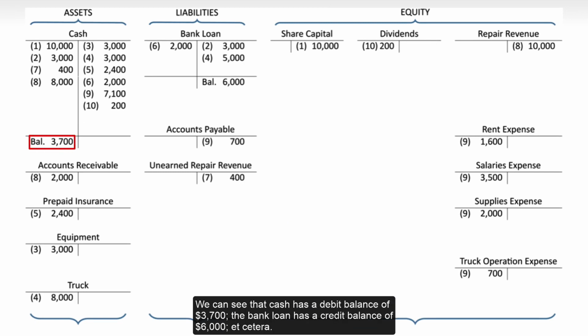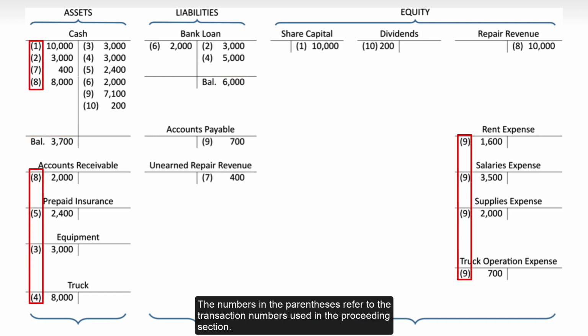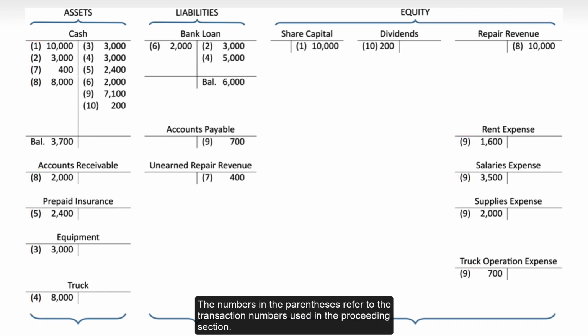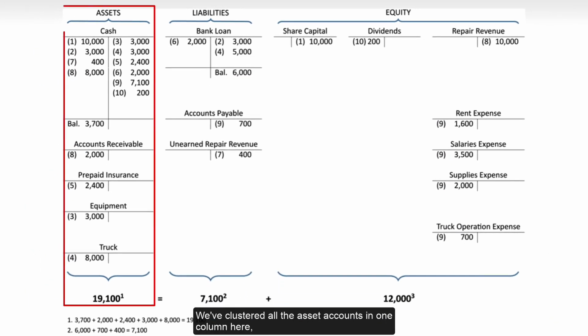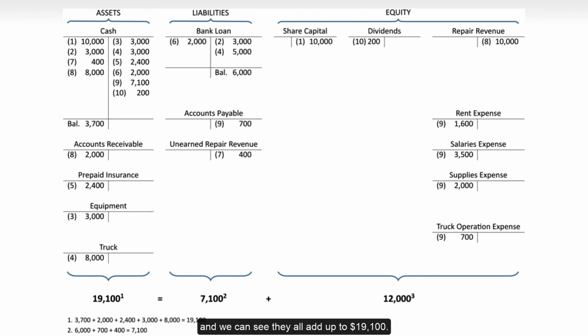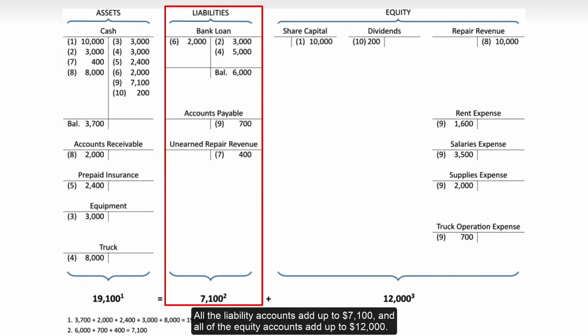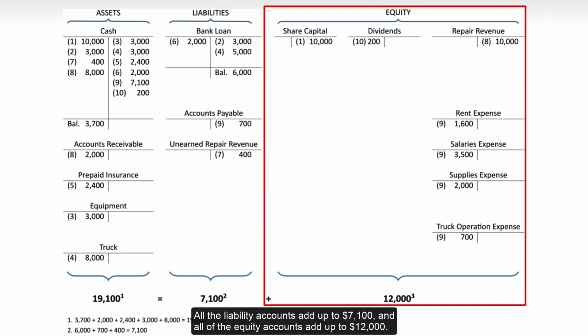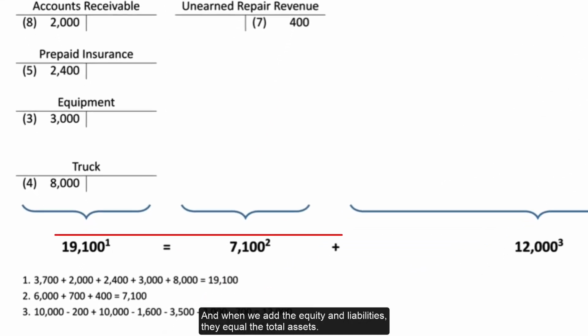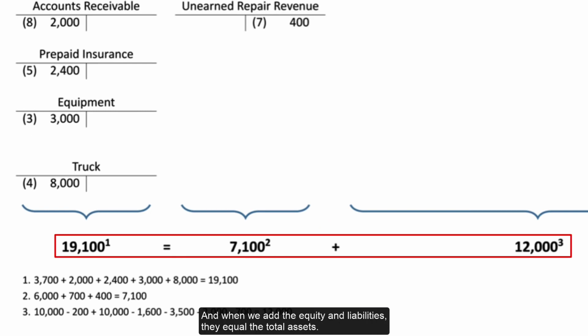We can see that cash has a debit balance of $3,700, the bank loan has a credit balance of $6,000, etc. The numbers in the parentheses refer to the transaction numbers used in the preceding section. We've clustered all the asset accounts in one column here, and we can see they all add up to $19,100. All the liability accounts add up to $7,100, and all of the equity accounts add up to $12,000. And when we add the equity and liabilities, they equal the total assets.